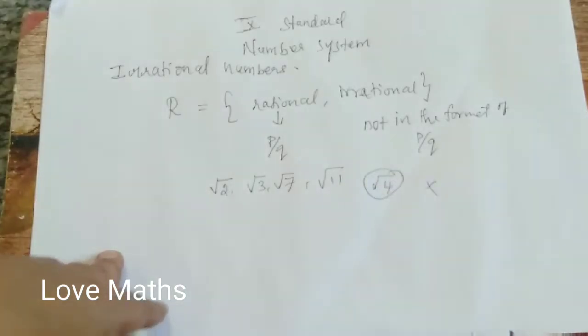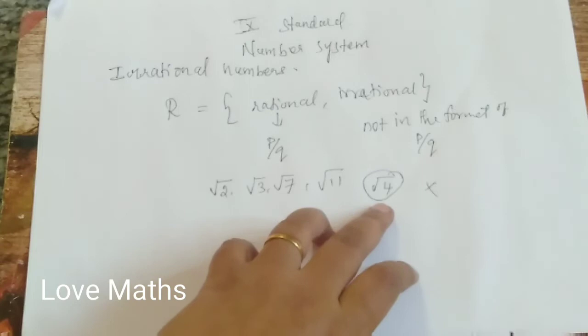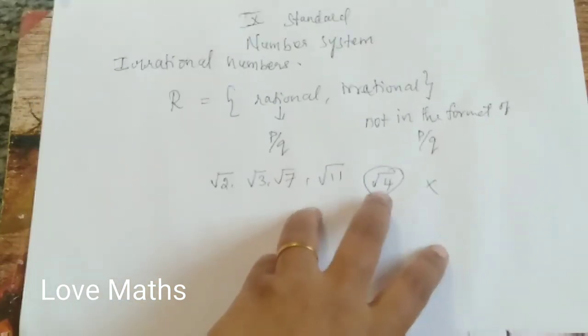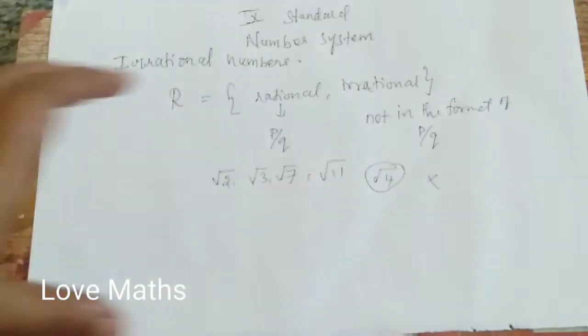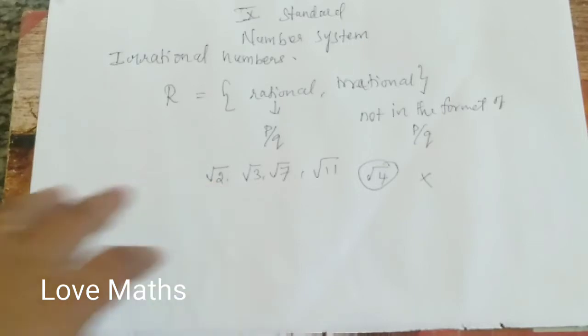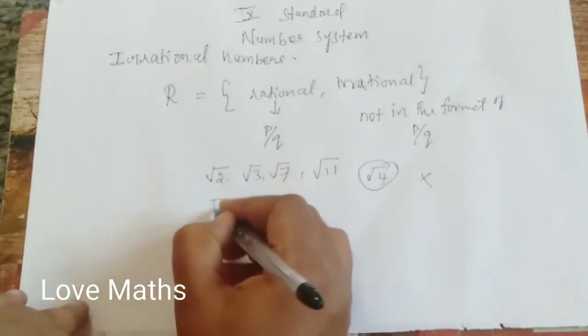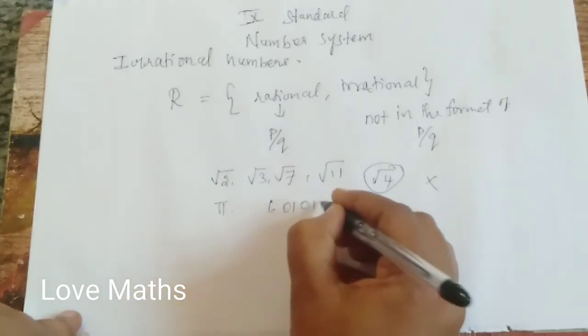No, because exact square values are not irrational numbers, like root 4, root 9. Root 4 value is 2, root 9 value is 3, root 25 value is 5. Except those, the remaining numbers are all irrational numbers. Then pi is also an irrational number.